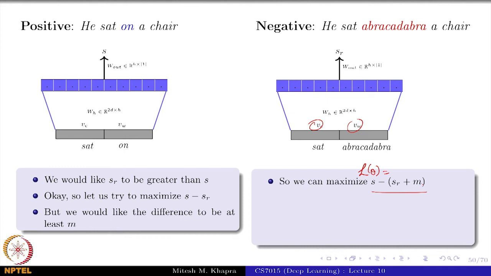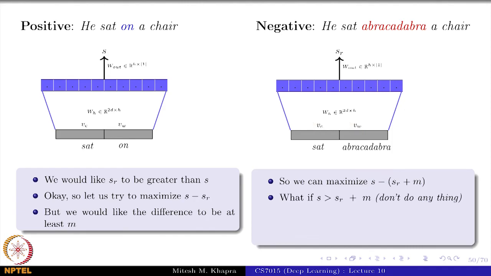I want S and SR to be separated by a margin of M in favor of S. I am doing my training, I am at a certain configuration for VCs and VWs and so on. I pass it to the feed forward network and I get S and SR, and I observe that this condition already holds. Is my network doing anything wrong at this point? It's doing its job properly. What should be the loss that I backpropagate? 0. Everyone gets that? There is nothing to correct here. I don't need to backpropagate any loss.